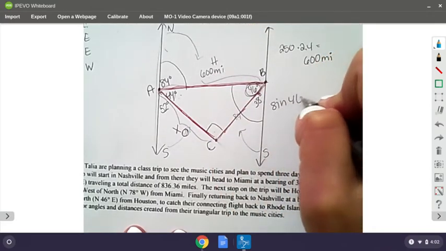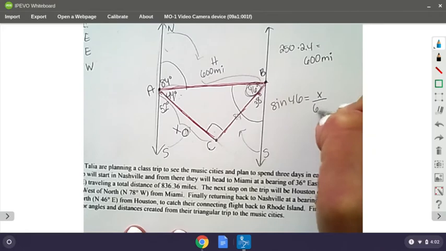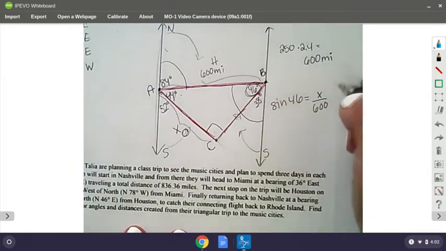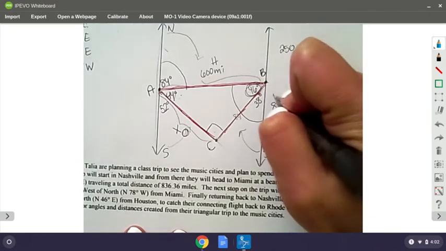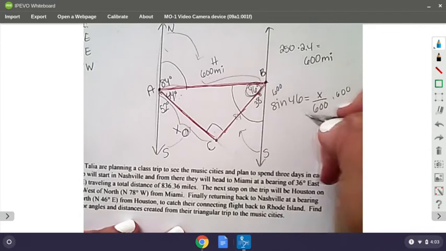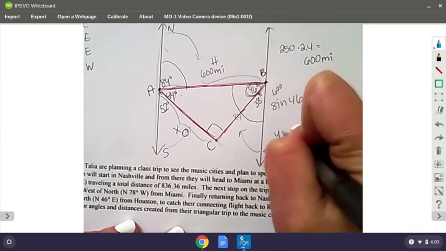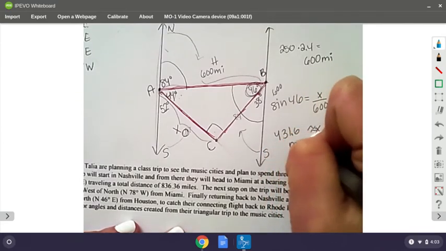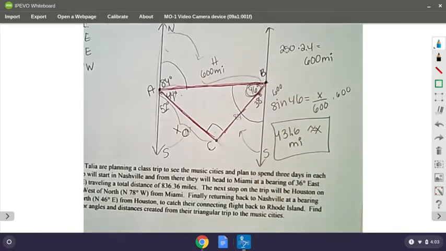So you're going to have sine of 46 equals X over 600. Then remember to solve, we're going to multiply both sides by 600. So 600 times sine of 46 is 431.6 miles. So there is number one.